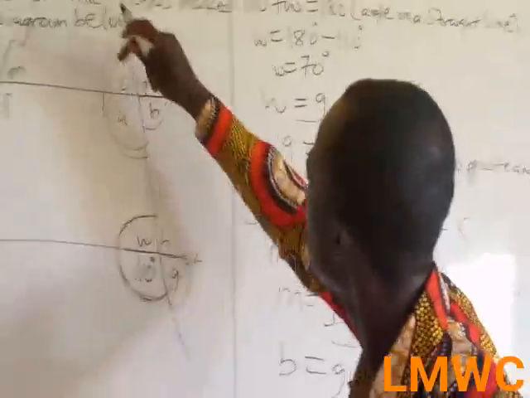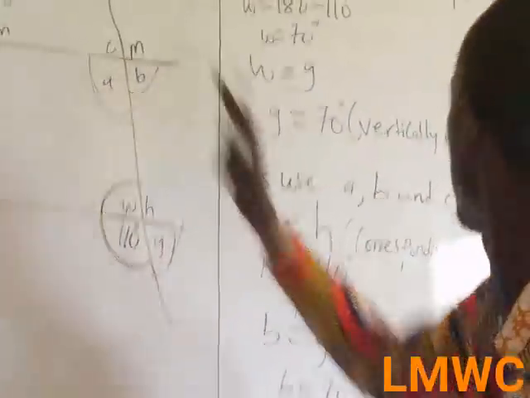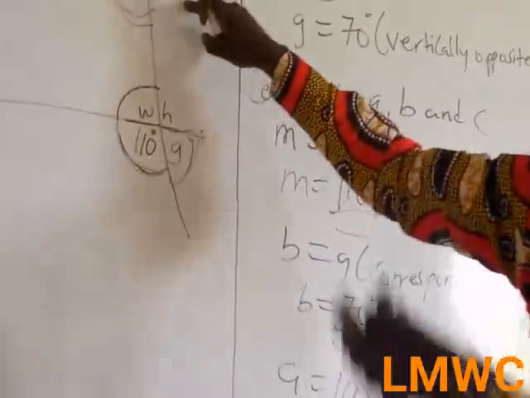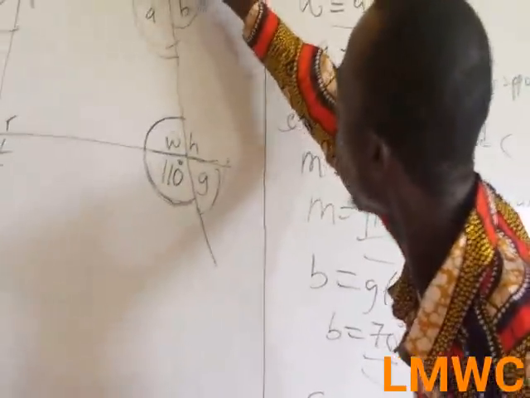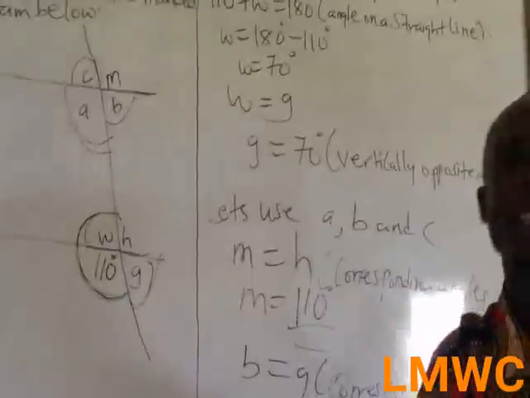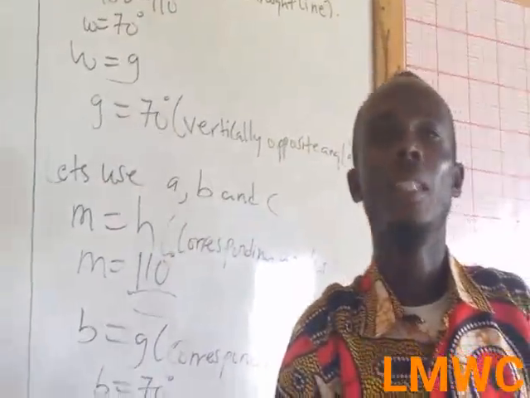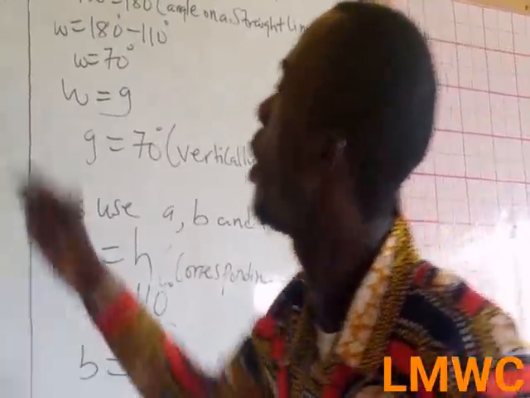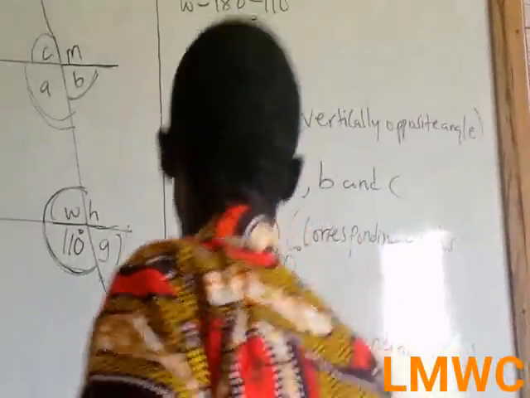What is C? C is equal to B. And we know B to be what? 70. C is vertically opposite to B. Or C corresponds to W. What is W? 70. You see, we are getting the same answer. Any type of angle you choose, you get the same answer. So let me choose vertically opposite angle here.